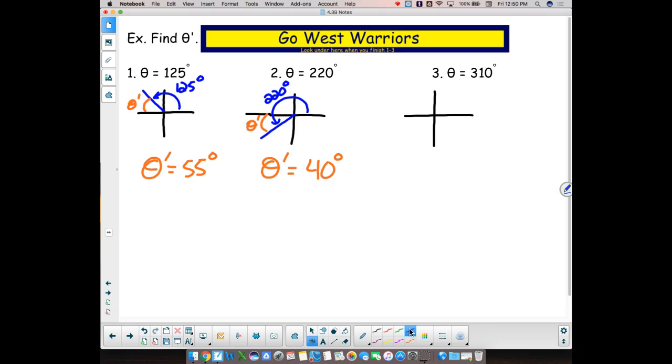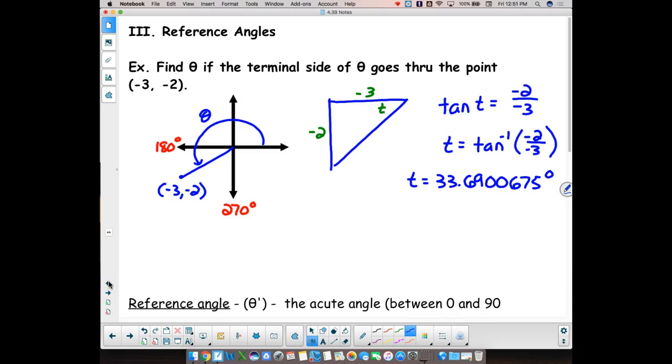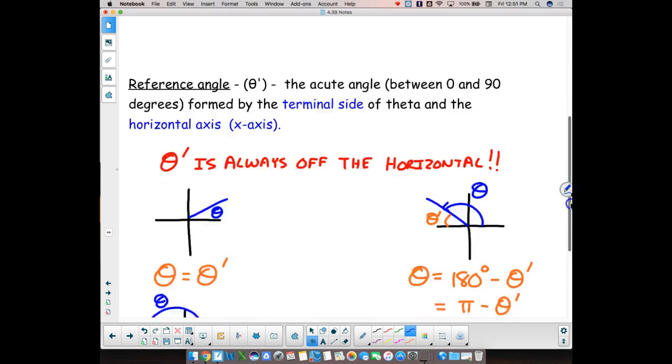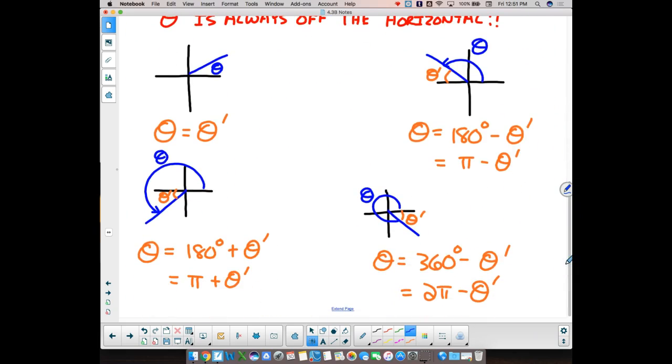What did I do wrong? Right, it's 180 plus the reference angle. All of those way down here were all thetas equaling, not what the reference angle was.